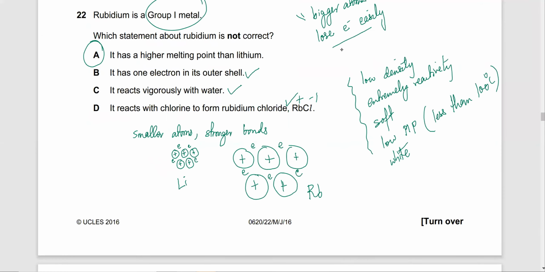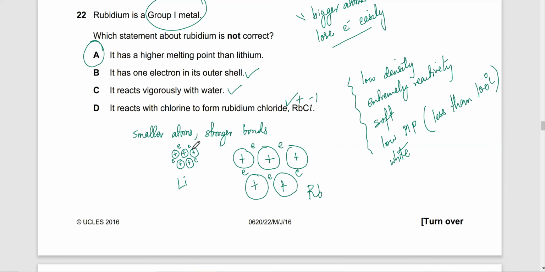So the thing is, when you talk about bigger atoms, they're further away from each other. So their attraction is not going to be that strong. Lithium is going to have a lot stronger attraction because they're all very tightly, they're tiny atoms.